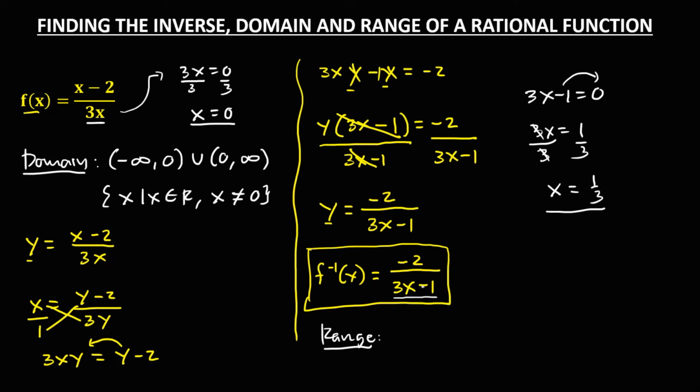If x is equal to 1 over 3, this whole equation becomes undefined because this denominator becomes 0. So therefore the range is from negative infinity to positive 1 over 3, then union positive 1 over 3 to positive infinity.